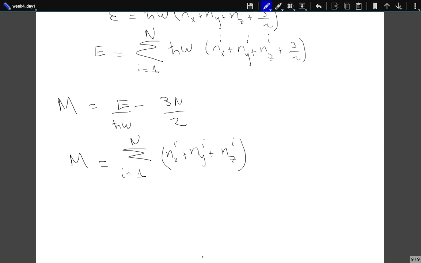So the question of counting the microstates corresponding to a given energy E now just became: I have this integer M. I have to write this integer M as the sum of 3n integers. In how many different ways can I do that?